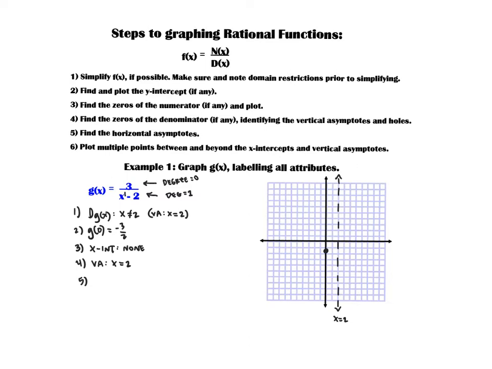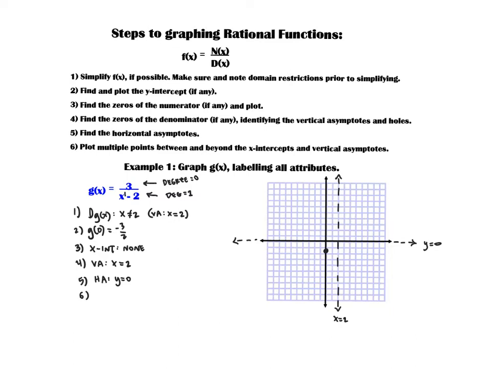So if the numerator's degree is less than the denominator, then we know we'll have a horizontal asymptote at y equals 0. Okay, I'm going to go ahead and sketch that. And label y equals 0. Perfect.